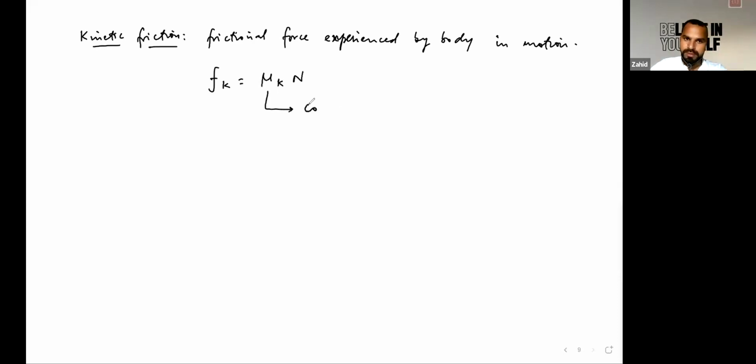This term mu k is the coefficient of kinetic friction. If you compare static friction and kinetic friction, the numerical value of this will be greater than 0, but always less than 1.